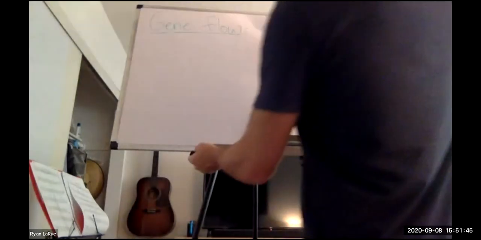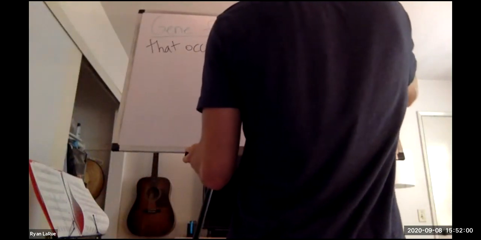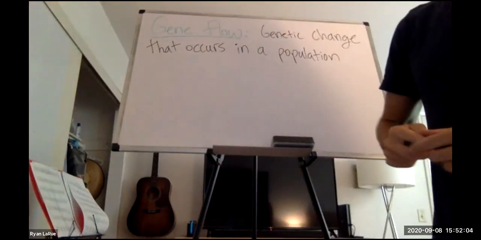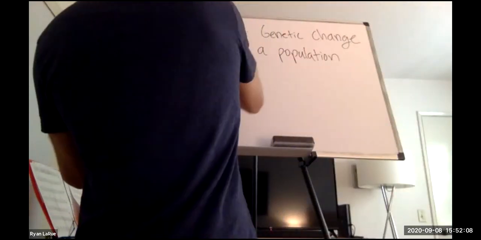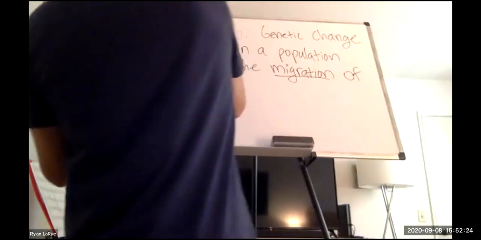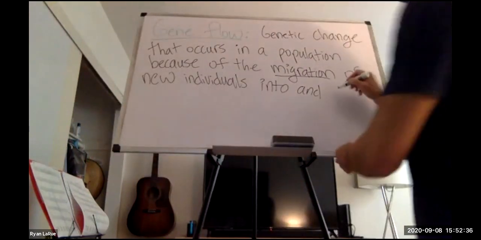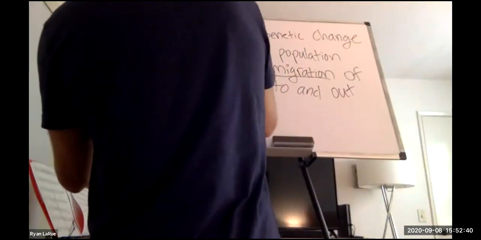So gene flow is genetic change that occurs in a population because of the migration, kind of underline that, of new individuals into and out of existing populations.